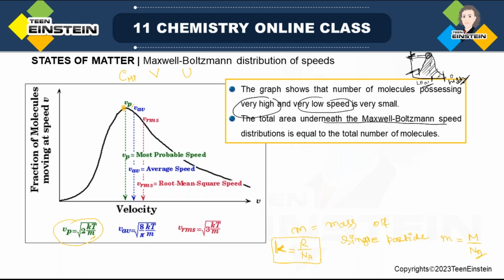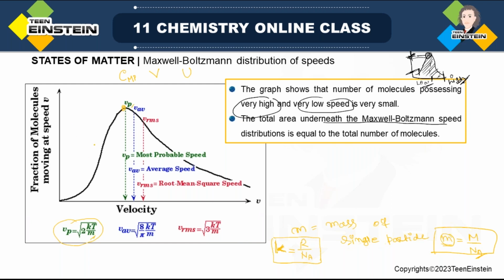When you divide it by Avogadro number, 6.022 into 10 to the power 23, that means for these many particles the corresponding mass is capital M. So for one particle the mass should be capital M by Na, and that is nothing but small m. Okay, so this is the relationship between small m and capital M, and Boltzmann constant and universal gas constant R.